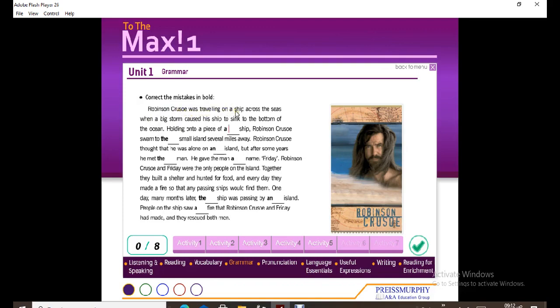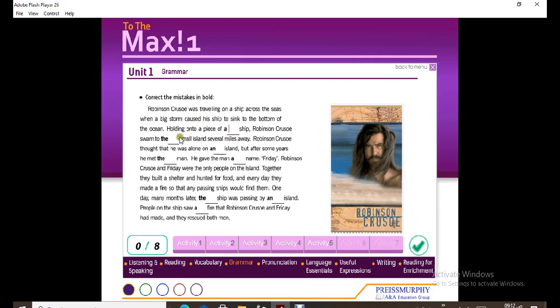This ship is mentioned for the first time, so I put a. Across the seas, when a big storm, I'm talking about the storm for the first time. When a big storm caused his ship to sink. This is a verb, sink, يعني غرقت, to the bottom of the ocean.